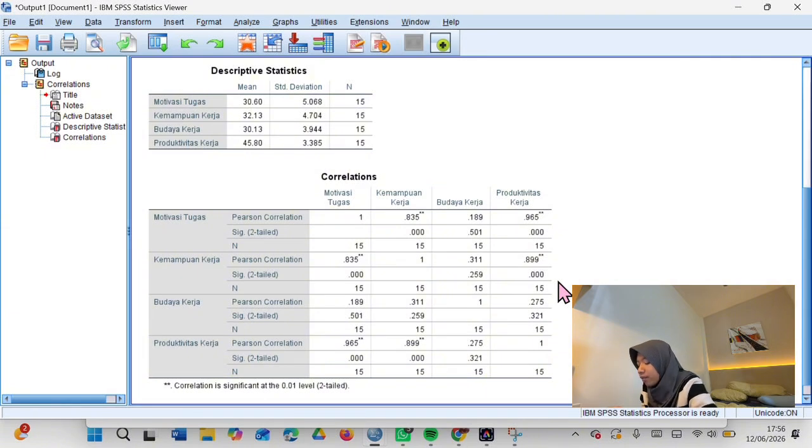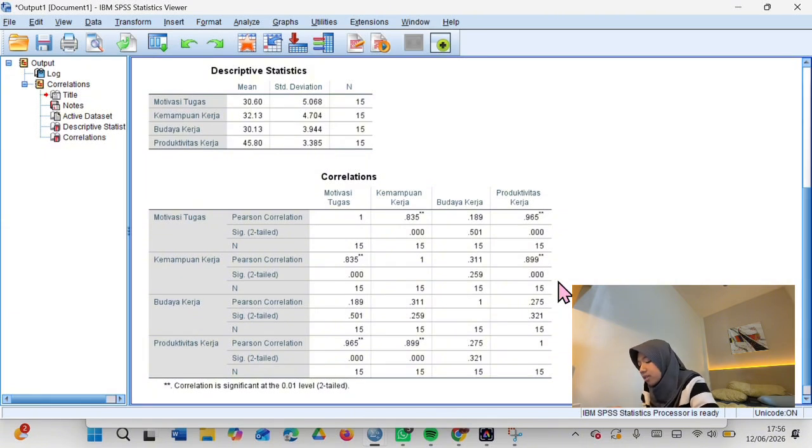and a significant value of 0,00. On the other hand, work culture has a correlation coefficient of 0,275 and a significant value of 0,321.